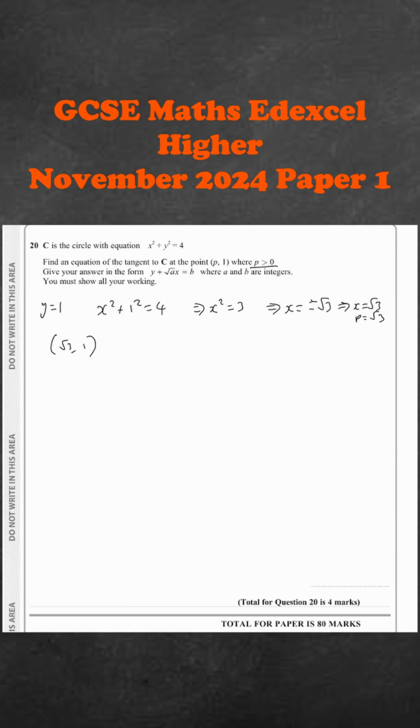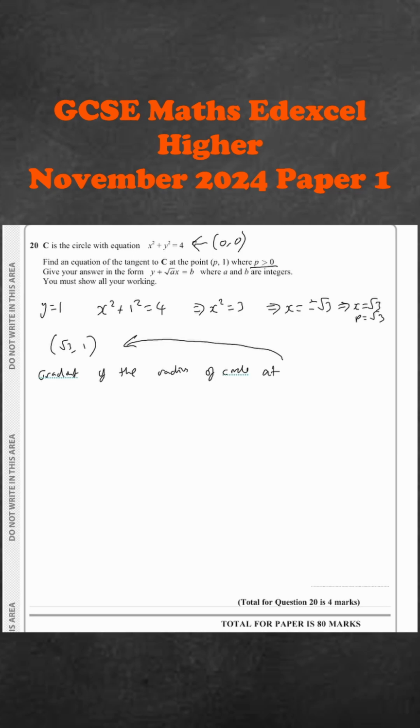So then we can work out the gradient of the radius of the circle at our point. We know that the centre is 0, 0 because of this formula of a circle. If it wasn't 0, 0, it would be x minus something squared plus y minus something squared.